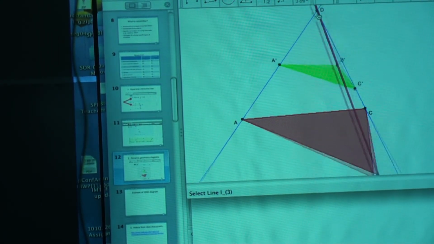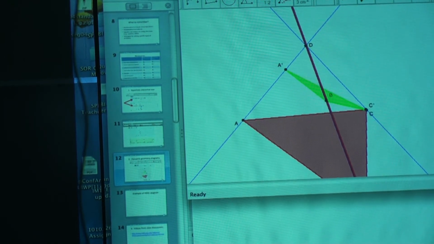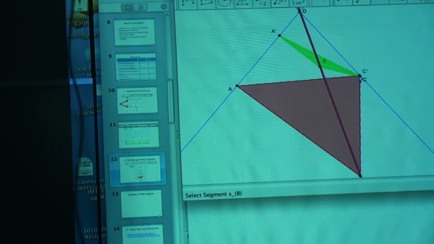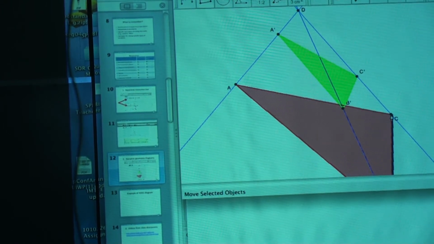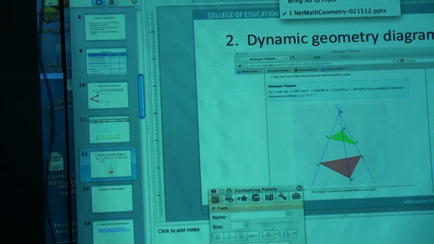So you can see, oh, what happens if, how can I get this point down here and things like that. They can start looking at different interesting things with the dynamic diagram.